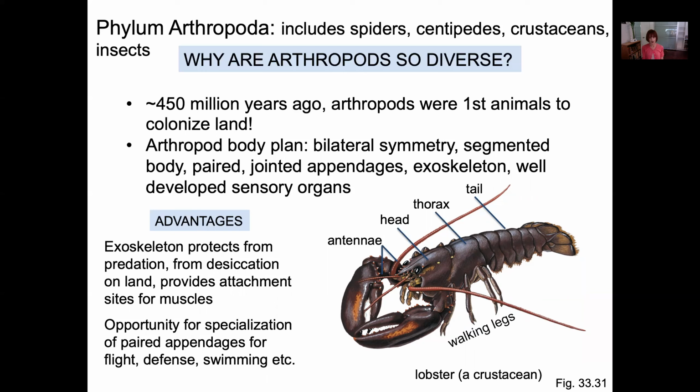And so they have these paired jointed appendages, as illustrated here in an arthropod lobster, which is also a crustacean. They have their exoskeleton, which provides protection from desiccation and predation, but it's also really important because it provides a place for muscles to attach, facilitating greater mobility. And they also have really well-developed sensory organs.